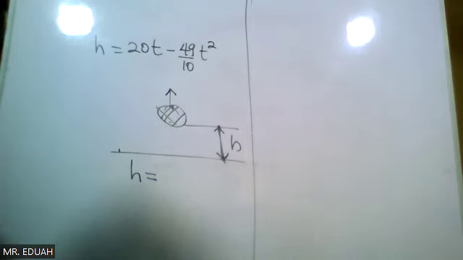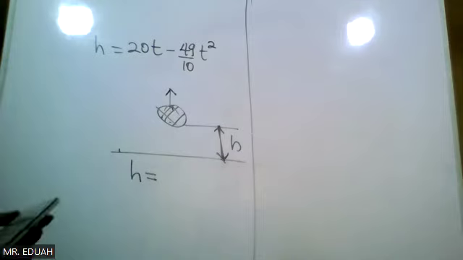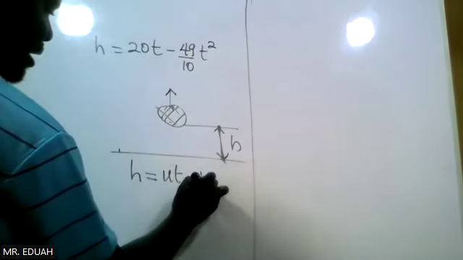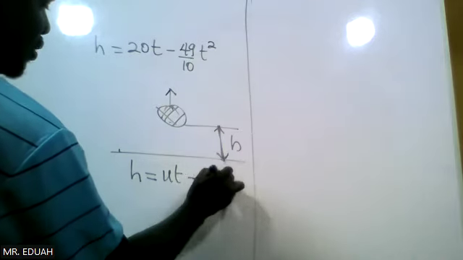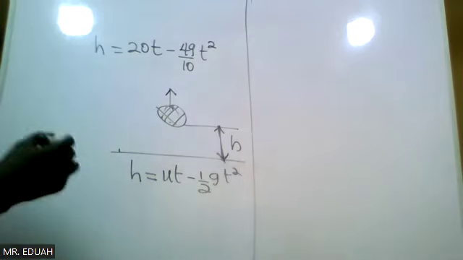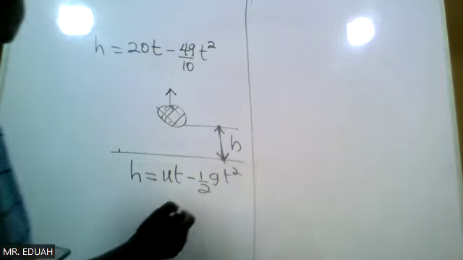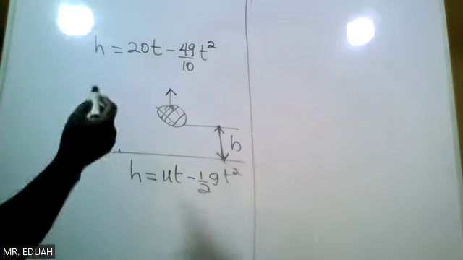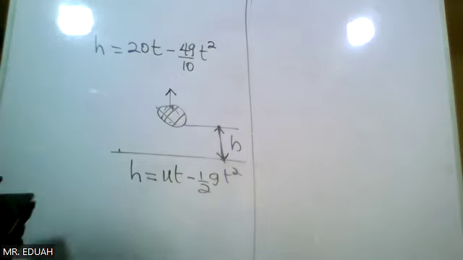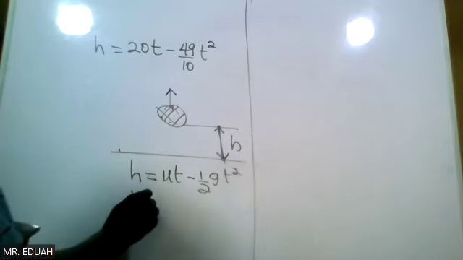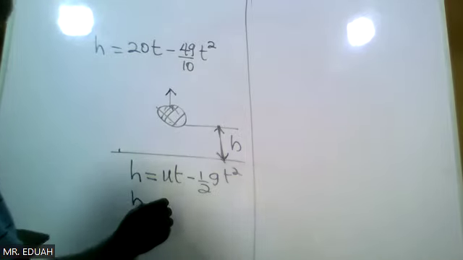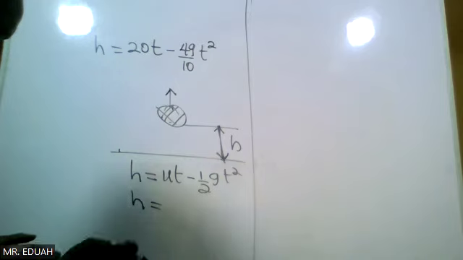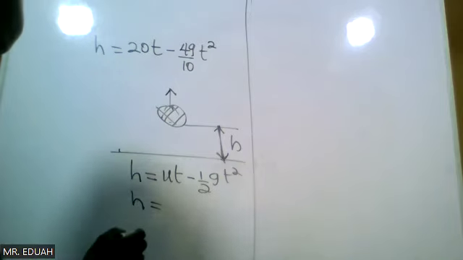Please, h is equal to ut minus gt squared over 2. Ut minus, okay, half gt squared. Yes, please. So this is the general formula for a body projected vertically upwards. When you compare it with what the height h attained by the body at any time t, don't you see a similarity?